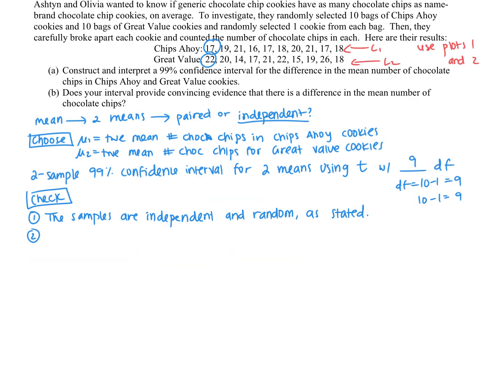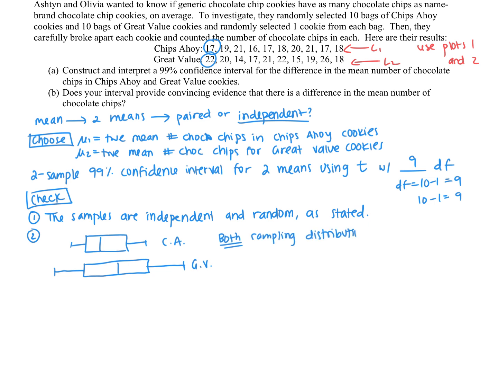Okay, so then of course we have to write something. We're going to say both sampling distributions are approximately normal because the samples do not show extreme skewness or outliers.